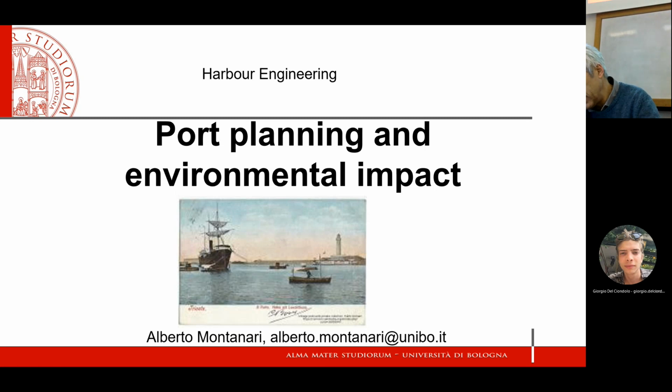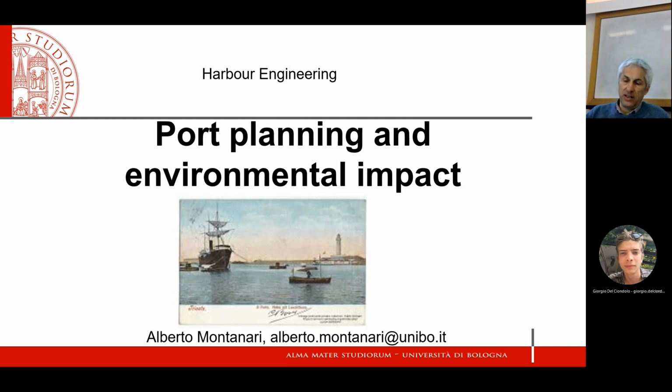Here we are getting into Harbour Engineering indeed. We are getting into the preparation phase of our design process, which, you know, is needed for realizing ports and harbors.